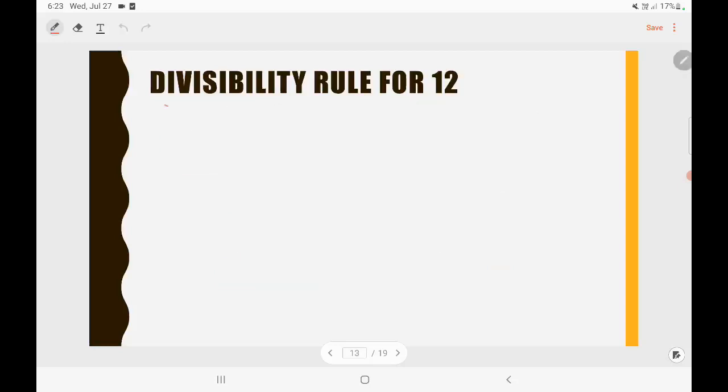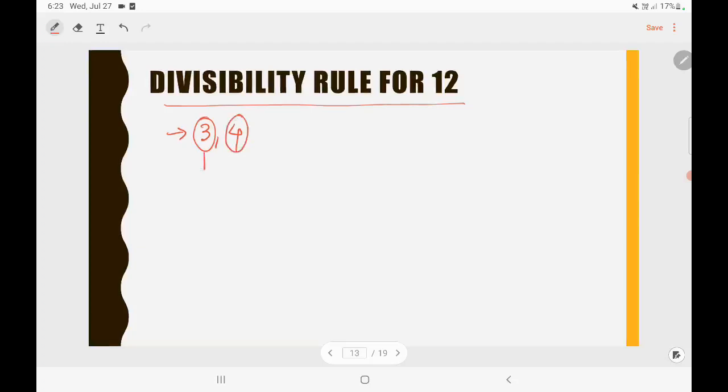Now let's move on to the divisibility rule for 12. The rule is that if a number is divisible by both 3 and 4, then that number is divisible by 12. I already mentioned how to check divisibility by 3: you add all the digits, and if that sum is divisible by 3, then the number is divisible by 3. Similarly, for 4, you take the last 2 digits. If the last 2 digits are divisible by 4, then the number is divisible by 4.